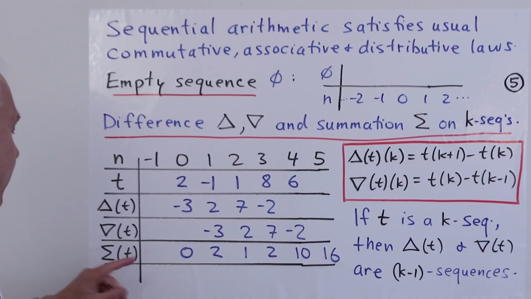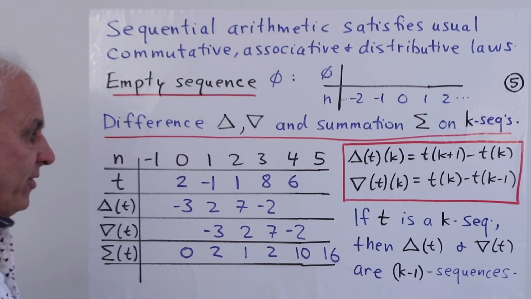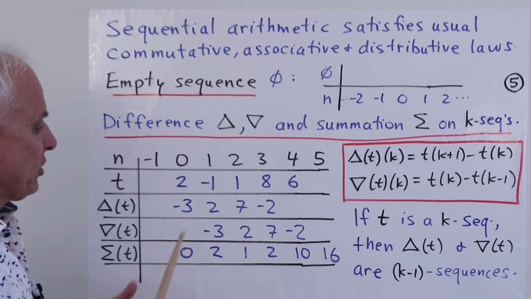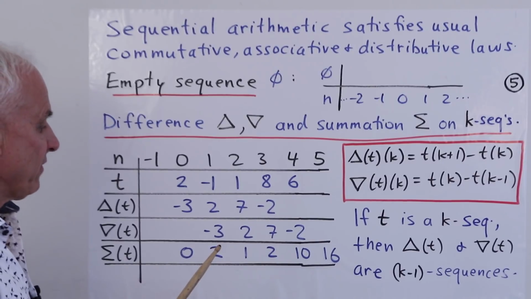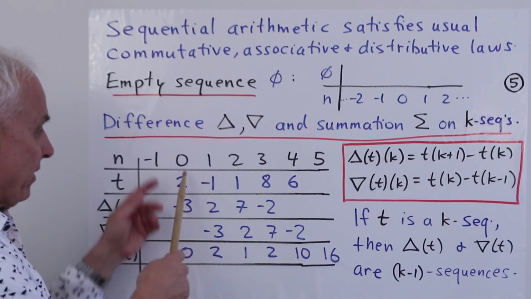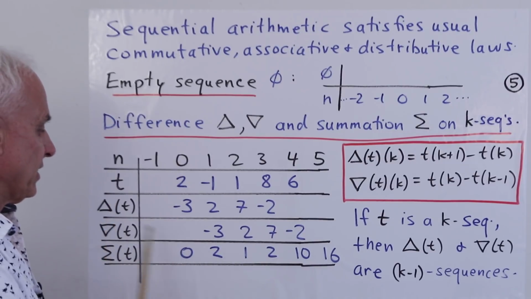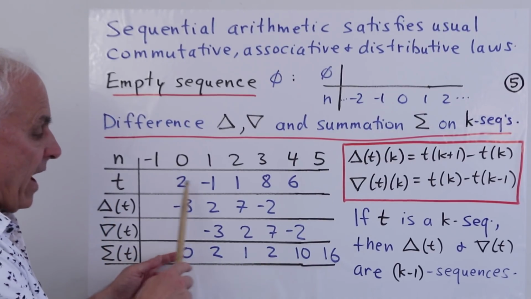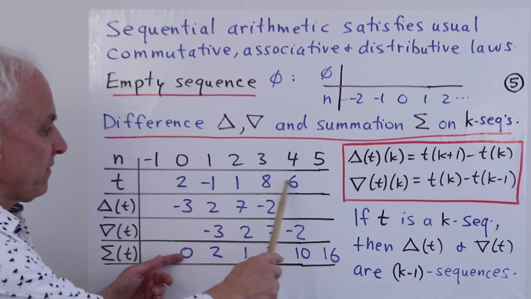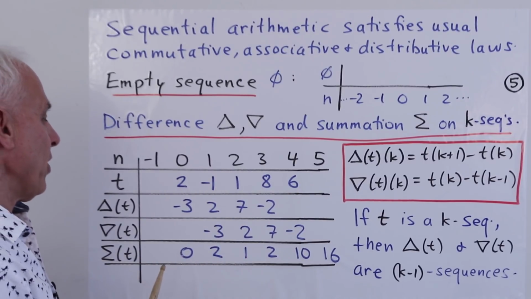And we can also define a summation of this finite sequence, where we do the same kind of thing as we did previously, but we start by sticking in a 0 at the first entry. So there's a 0 there, and then from then on we're adding the cumulative subsequences of the one we have.